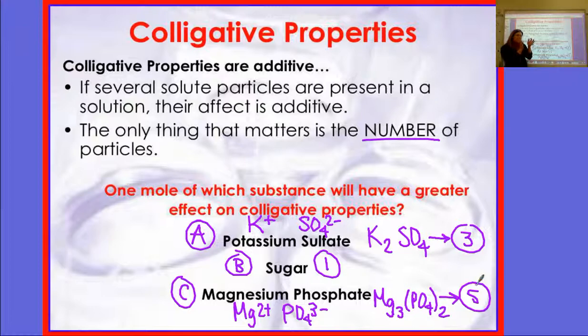If you think back to that picture where it was all blue on the left, and then when you added some solute to your solvent and had those red dots, there would be 5 red dots as compared to 1 or 3 for each molecule that you add. So the one that would have the most effect would be the one with the most ions or the most particles that it would break up into when it dissolves. Magnesium phosphate.